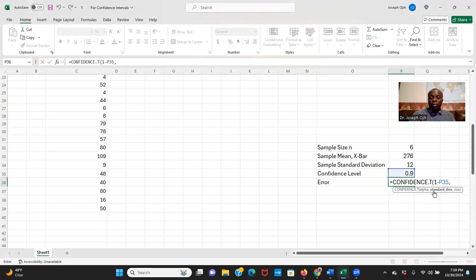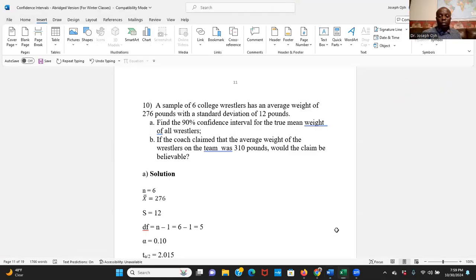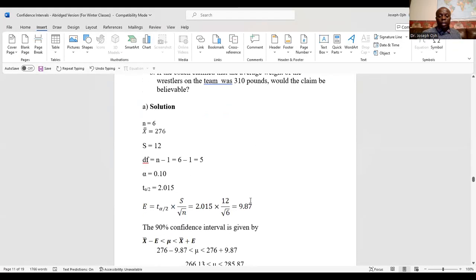The next one is the standard deviation, which is 12, comma. And the sample size is 6. Then close it, and it gives us 9.87. The same 9.87 we got before. When we look at the one we got from the calculation, it is still 9.87.